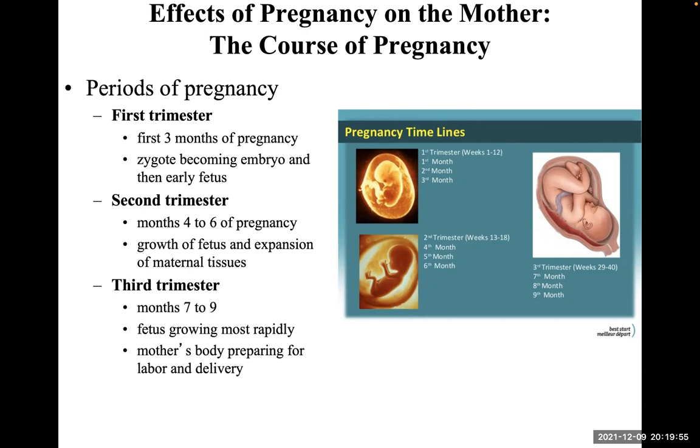I don't know what the stats are, but it tends to be difficult to keep the fetus alive if birth occurs before 24 weeks, because the fetus is so small and not yet prepared. It hasn't gone through things like maturation of the lungs and the changes that equip the fetus to be able to survive outside of the womb.